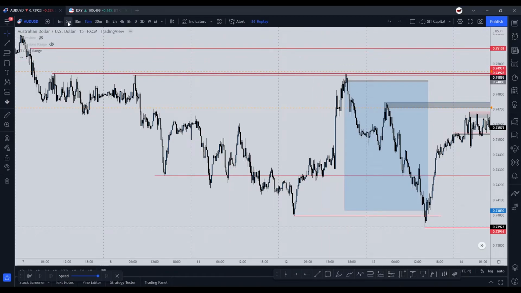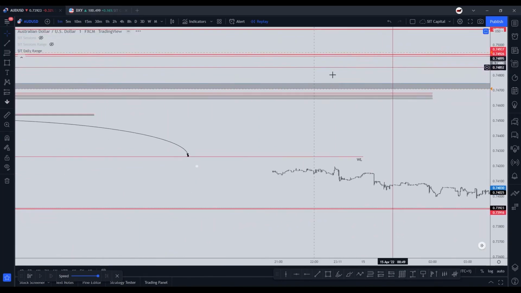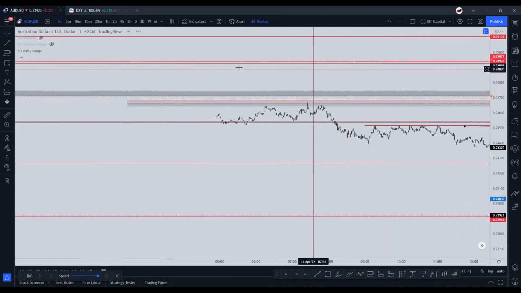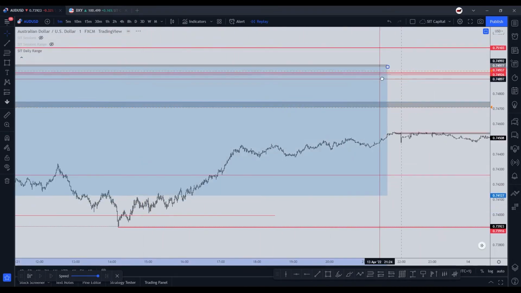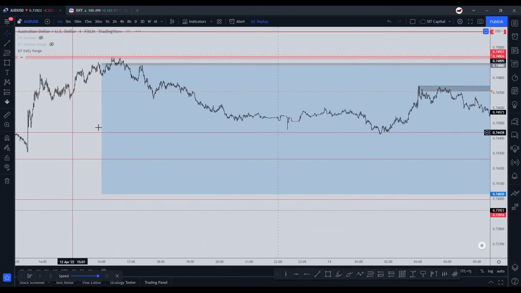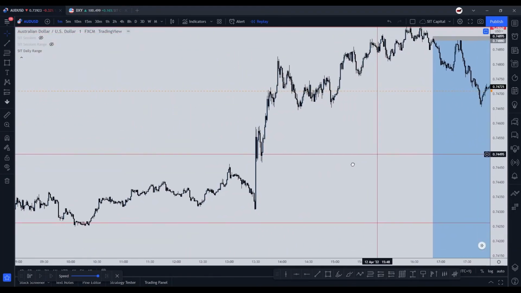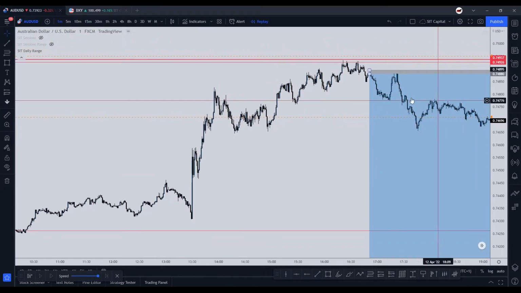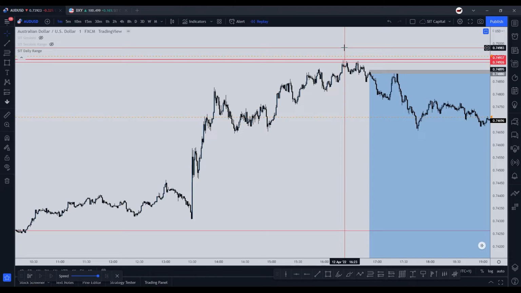Okay, we just waited for that 1 minute break of structure, which if you guys already saw the course, the market structure video, this is pretty clear for you guys. So what we were looking for again was that rejection of the psychological level aligned with what we were expecting, which was dollar strength.